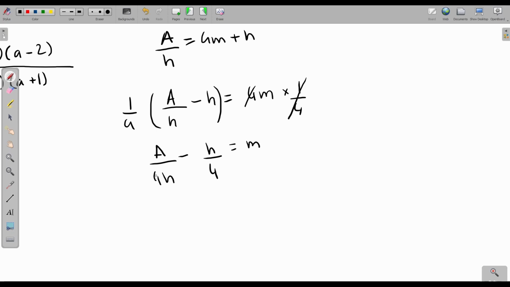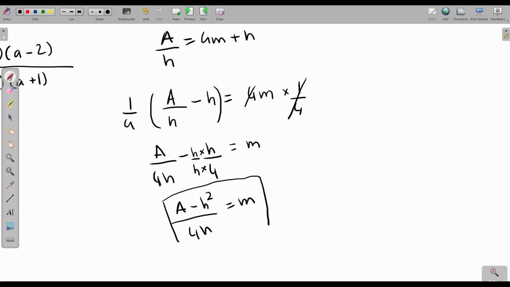We just need to make the denominators equal, so we can multiply this side by h over h, which is basically 1. So that would make a minus h squared over 4h, and that is equal to m. I don't think we can do anything else. We've already made m the subject, so there we have it. M expressed in terms of a and h would be a minus h squared over 4h.